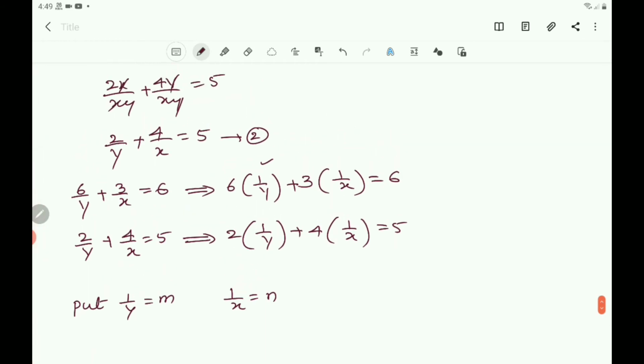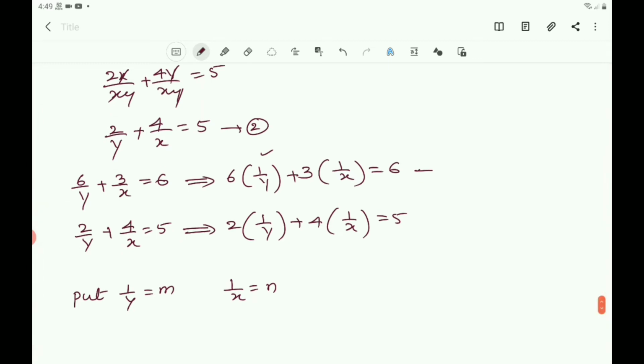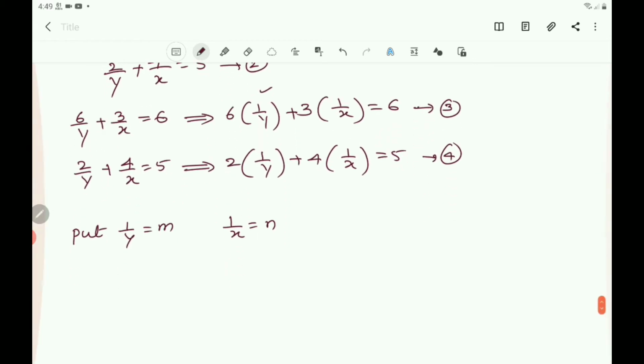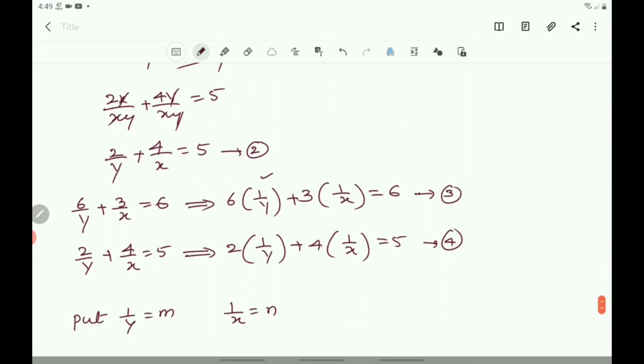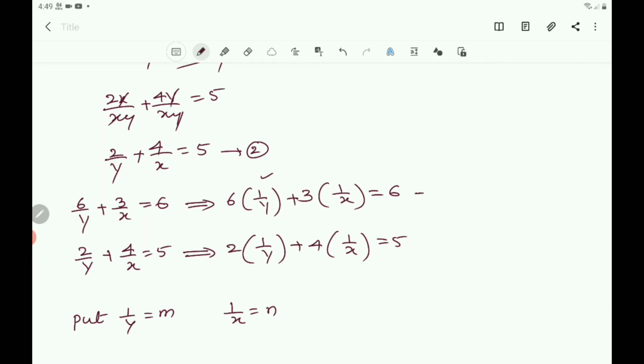Now the equations become, here there is no change, so you take equations 1 and 2 only.